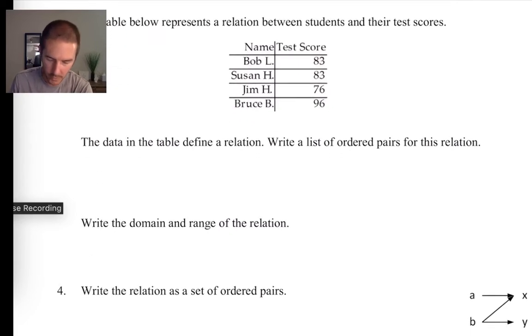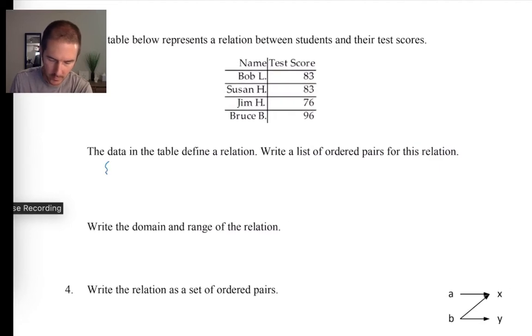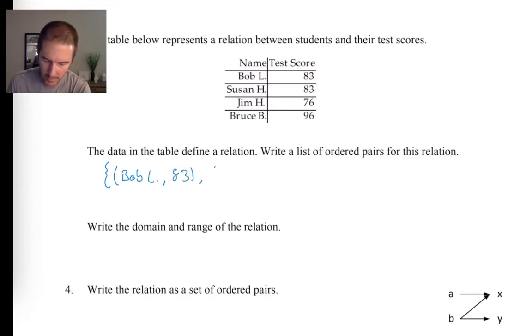So let's represent this as a set of ordered pairs, where the first one would be Bob L. The first element in that ordered pair is Bob L, and the second element, our range value, the corresponding range value would be 83.